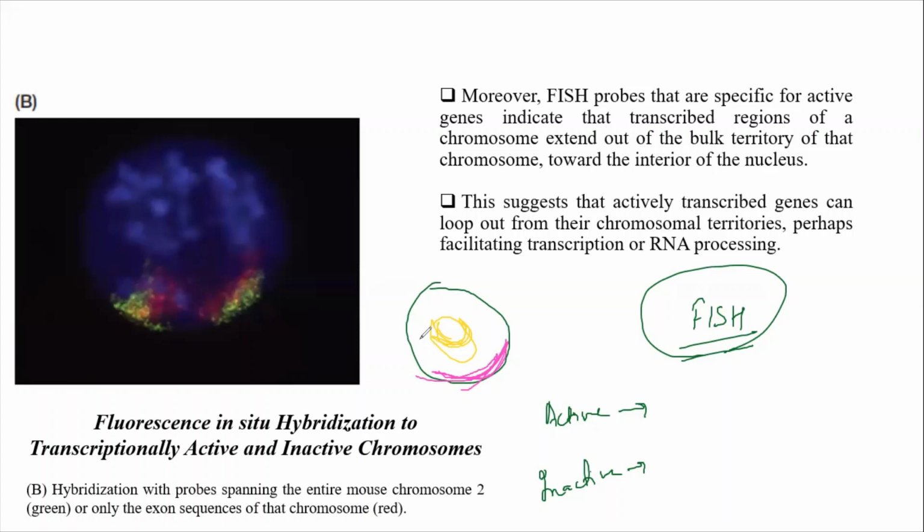So when I'm going to stain it and use the fluorescent in situ hybridization technique, it might indicate that the fluorescently labeled pink color is indicating the inactive regions and the active regions, and the yellow ones are indicating the inactive region.